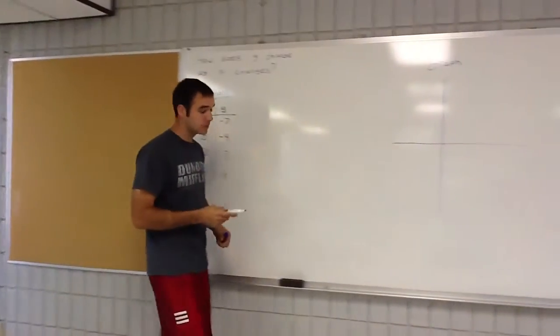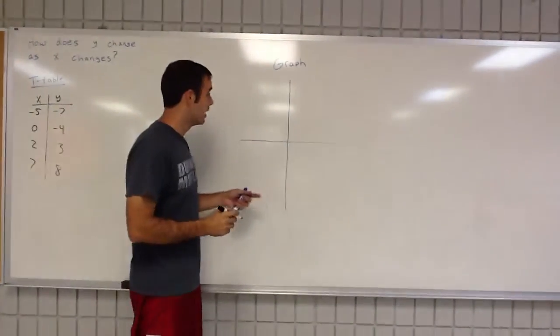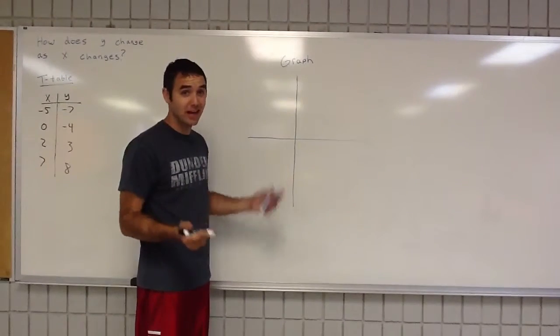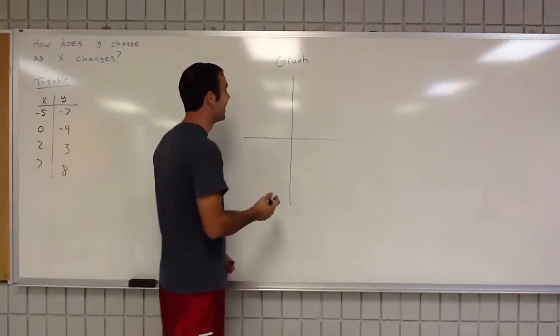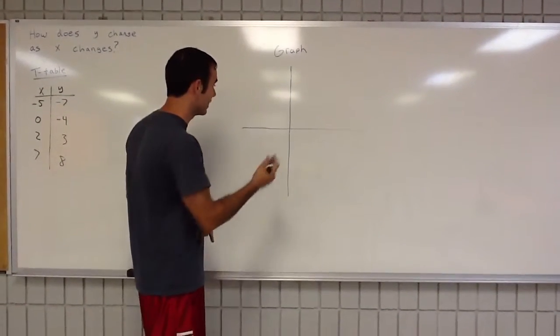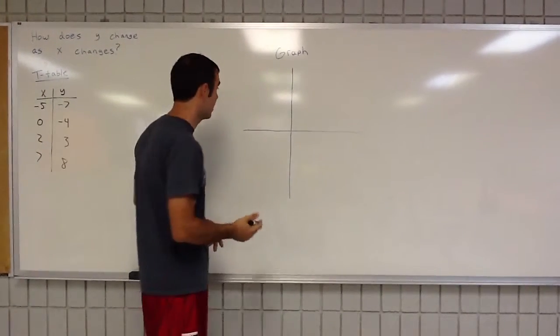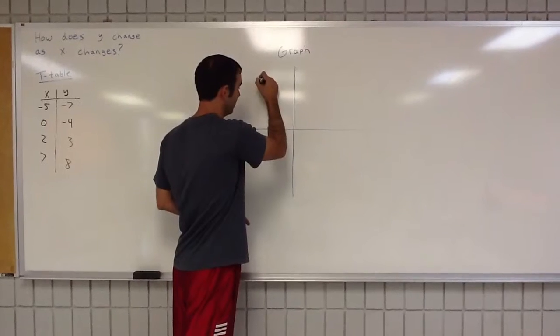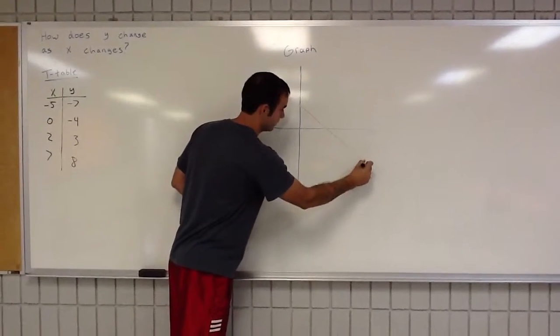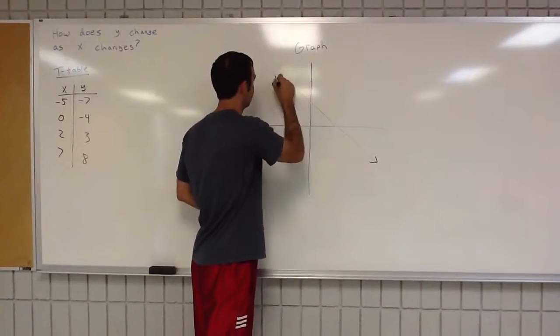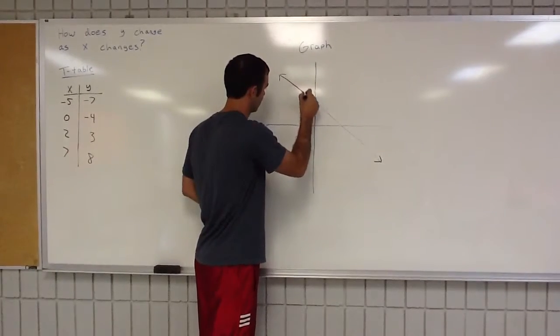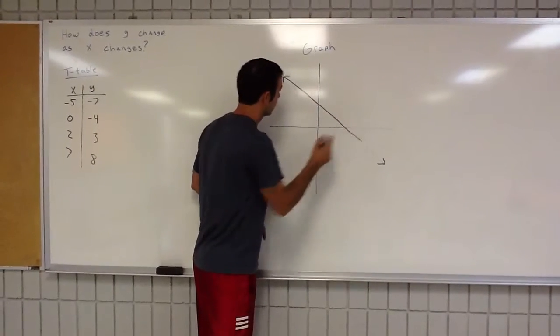Over here is a graph. In case you haven't learned it yet, you will. A graph is in 7th grade. It's just going to look like a line, okay? And in this one, we'll make it go downhill. Okay.